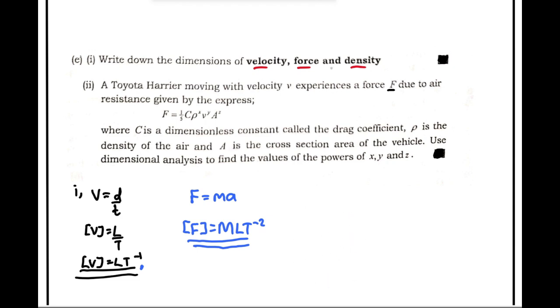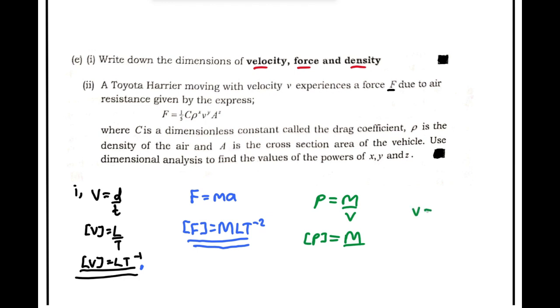Now, last part, we'll be getting the dimensions of density. Density, given by this symbol called rho, is mass over volume. Mass is a capital M. These are the dimensions of density. Now, volume. What's the dimension of volume? Volume is equal to length times breadth times height.